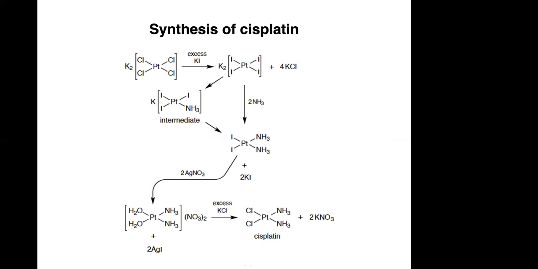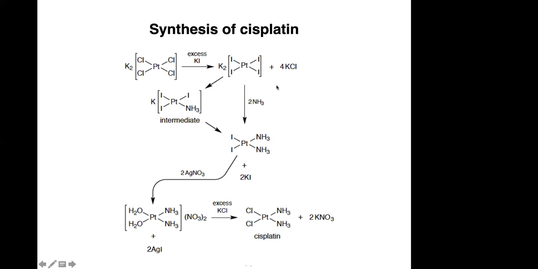The first step is going to be forcing it to tetraiodo complexation, so substituting all of those chlorides to form platinum tetraiodo 2- complex, and then substituting that species with ammonia.